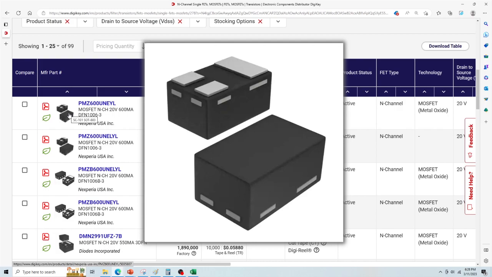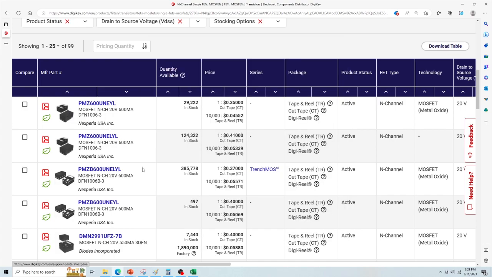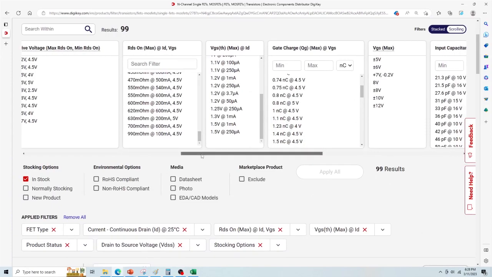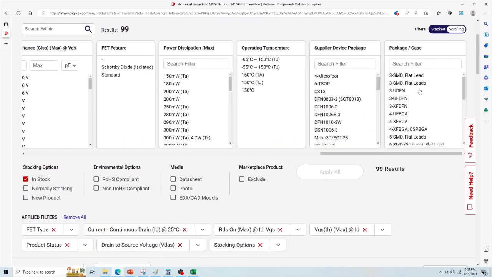Okay, but for prototyping purposes, I need something that's a little bit bigger, so it's easier to make a simple prototype board with. And so what I'm going to do up here is select a larger package.